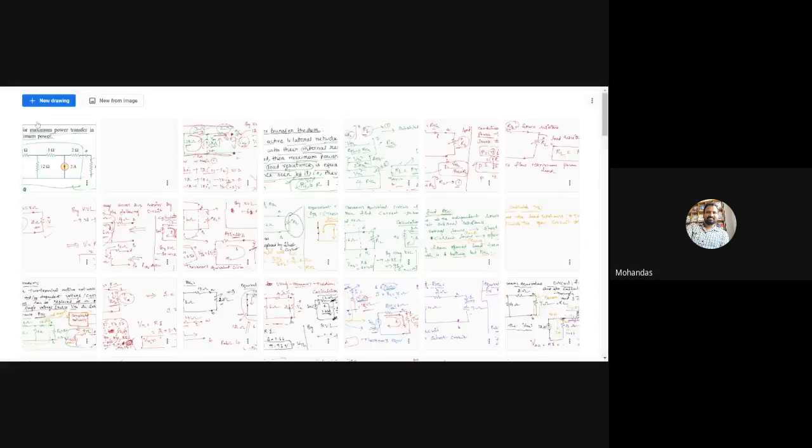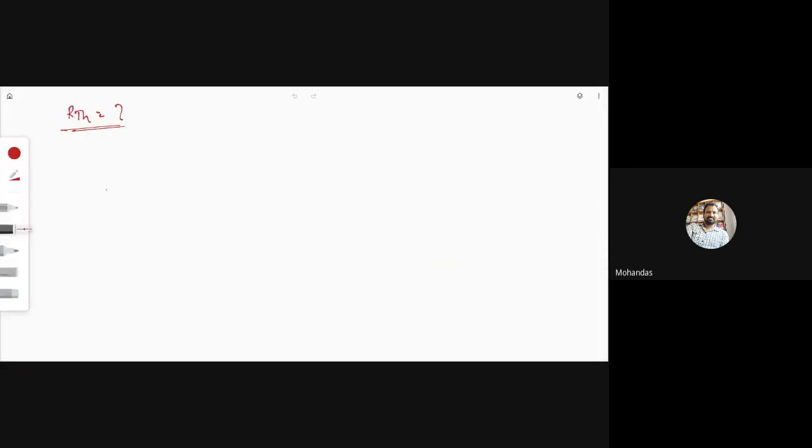So let me draw the equivalent circuit for RThevenin. This 12 volt source is short circuited, and this is a 6 ohm resistor, a 12 ohm resistance, and a 3 ohm resistance.